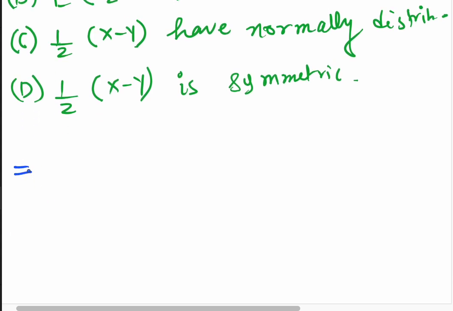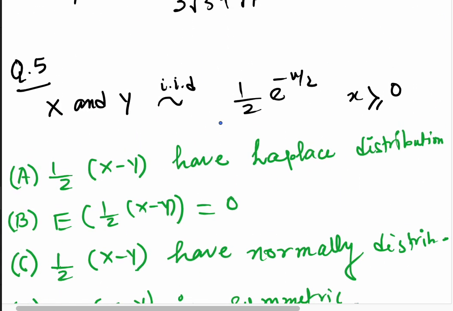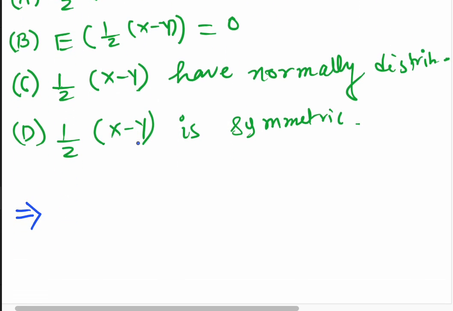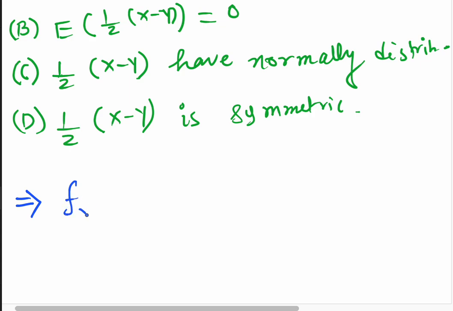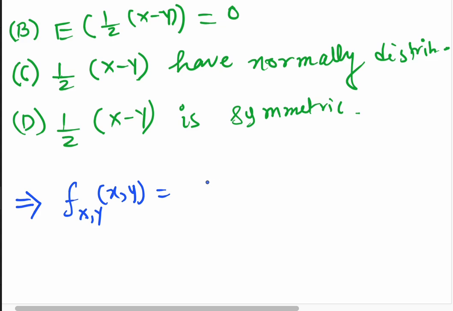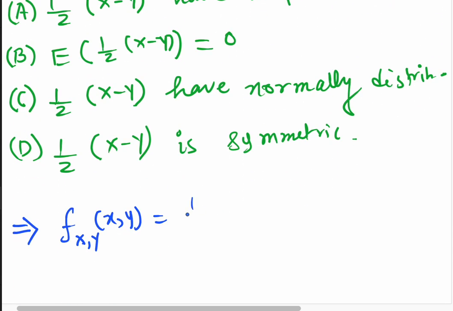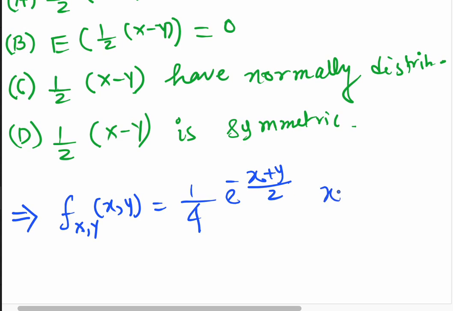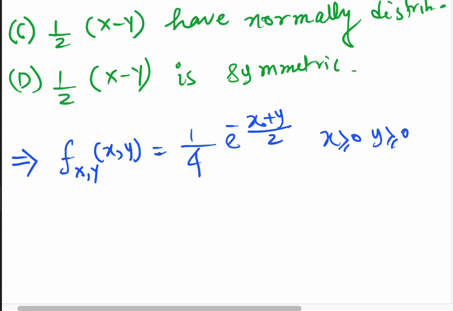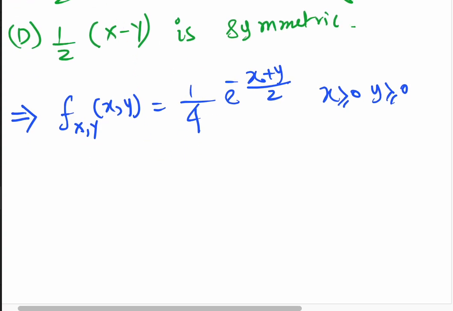Since it is IID, the joint distribution will be simply the multiplication, so that will be 1 by 4 e to the power minus (x plus y) by 2 for x greater than or equal to 0, y greater than or equal to 0. Now let's redefine two variables.